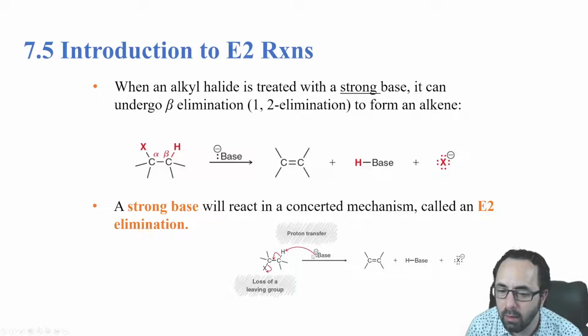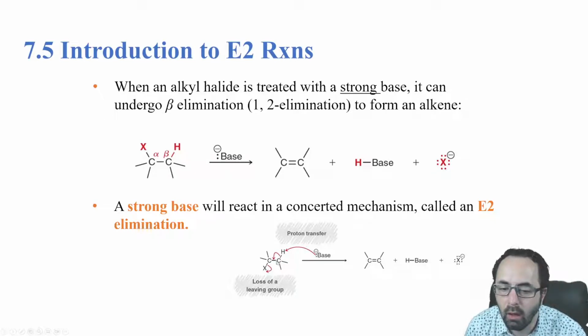That base is undergoing a proton transfer. Remember proton transfer, we learned that in chapter 3. We used it again in chapter 6. This involves the transfer of a proton, the H plus ion. So the base here uses its 2 electrons to donate to the hydrogen and make a bond. When the hydrogen leaves, it does not take any electrons with it. It leaves them behind, which is the second arrow here.